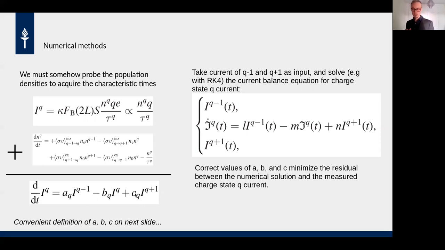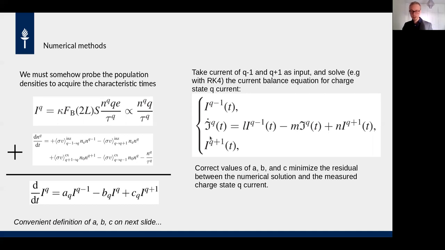The fitting parameters A, B, and C can be obtained by first measuring the beam current transients of all the available charge states, then taking the currents of charge states Q-1 and Q+1 as input values, we solve the current balance equation for the signal of the charge state Q numerically as a function of time, for example, using the fourth order Runge-Kutta method.